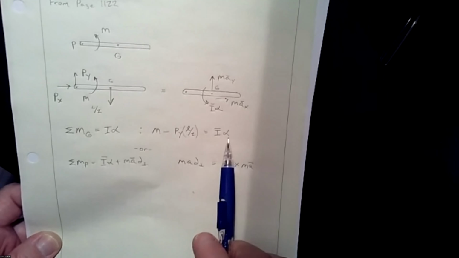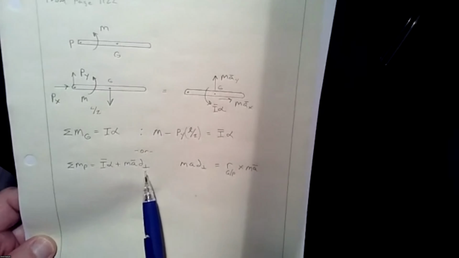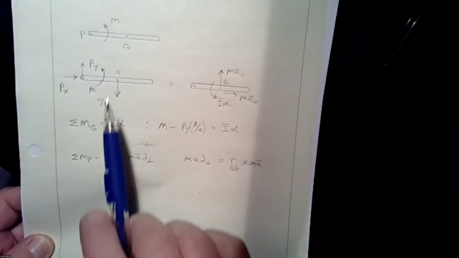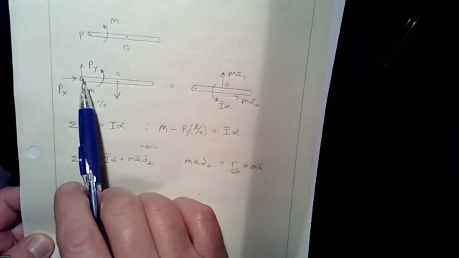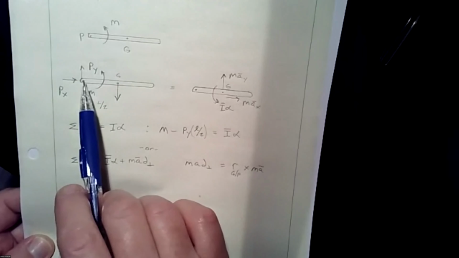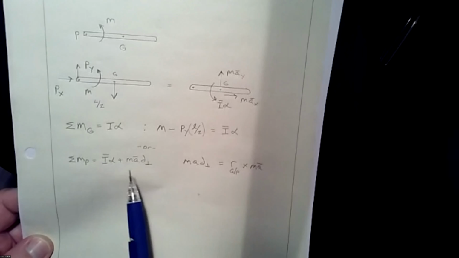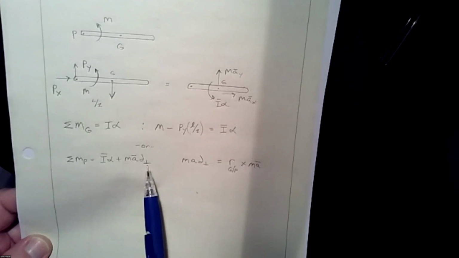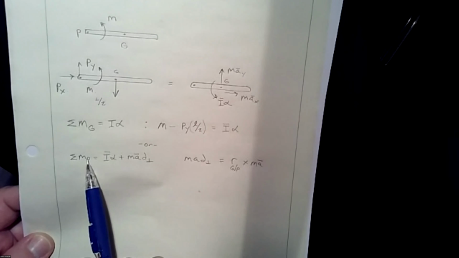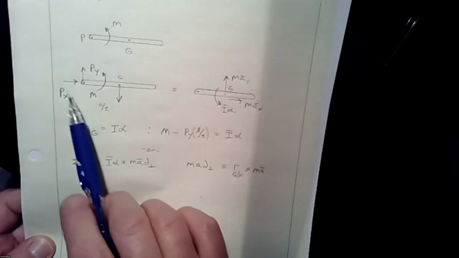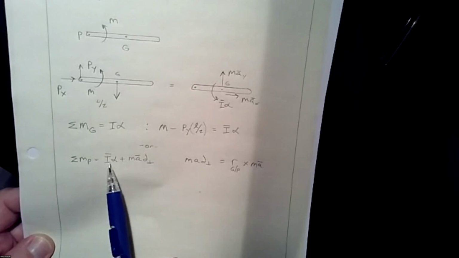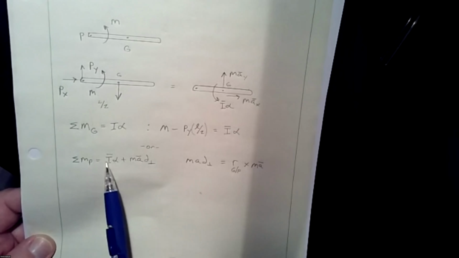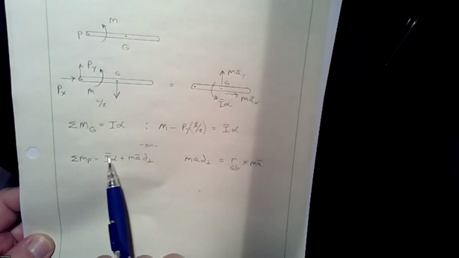Now, there's also another thing that we do, where it's not always easy to take it right from the center. If you pick another point away from it, then you have to add this m a d parallel term. So when you sum the moments about P, which is no longer your center of gravity, it's still equal to I bar alpha, which is the rotation about the center.